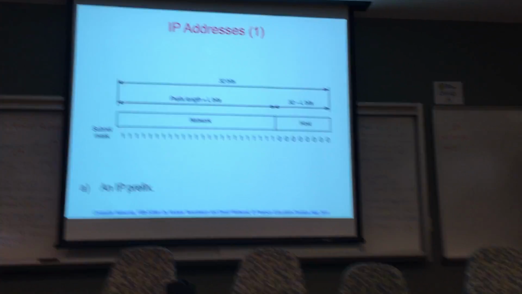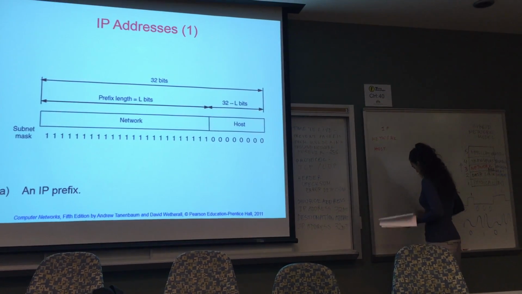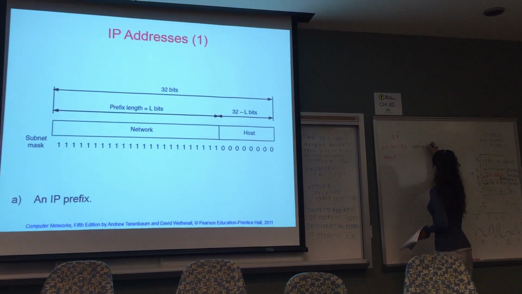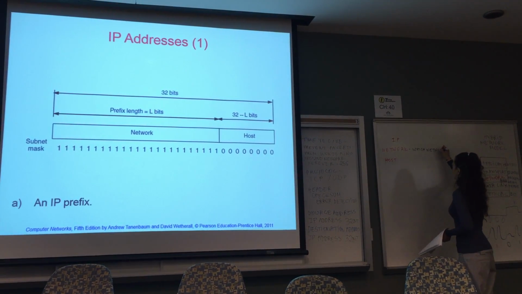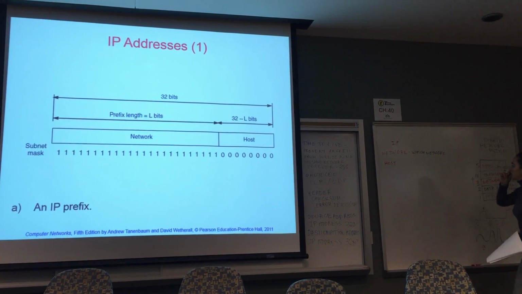So there are certain number of bits which show which network the address, the machine with this address belongs to.